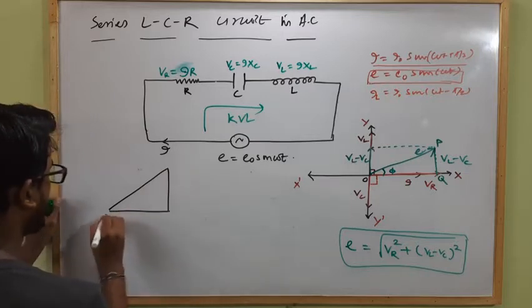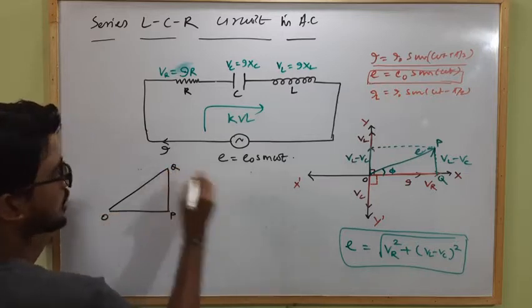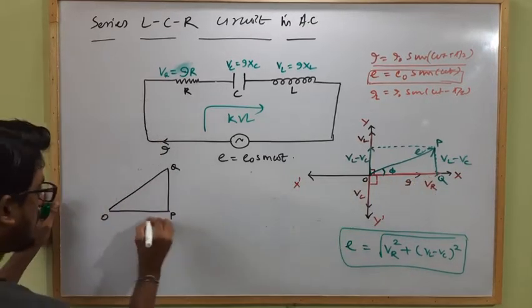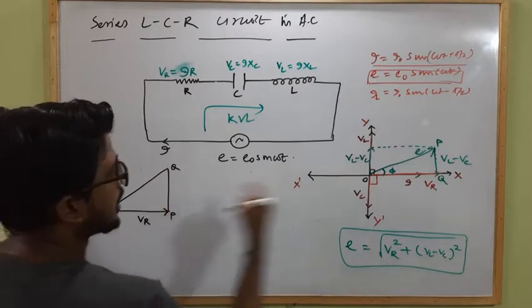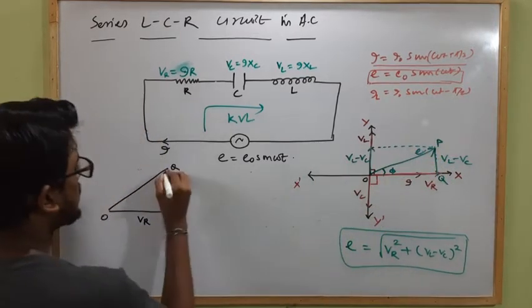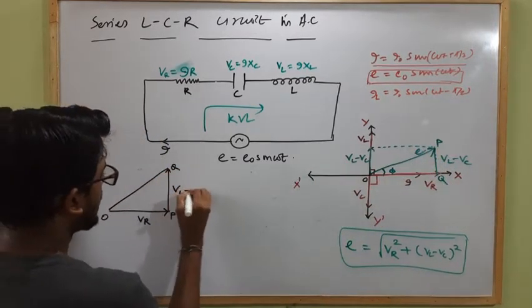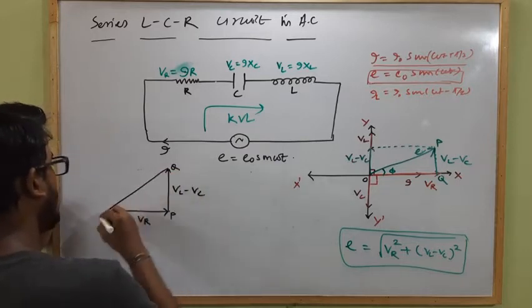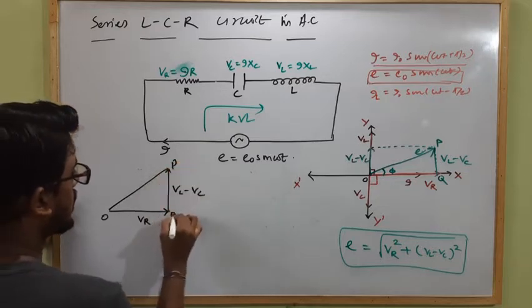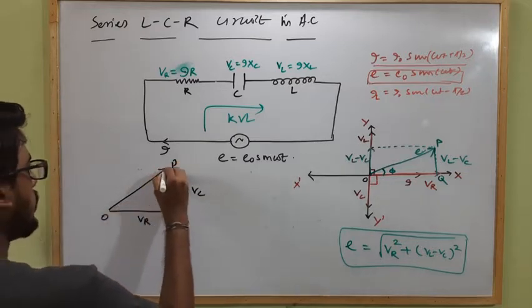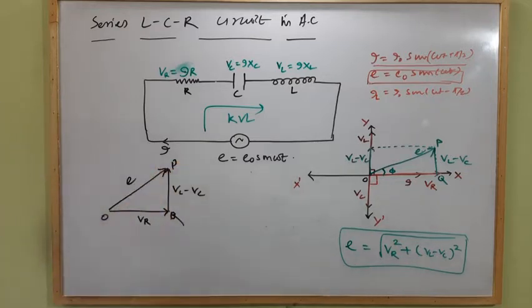Let this be O, this be P, this be Q. What is OQ? OQ is VR. And QP is VL minus VC. OP is the resultant EMF E. Clear?